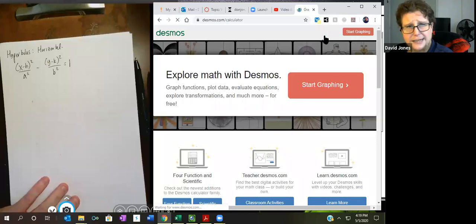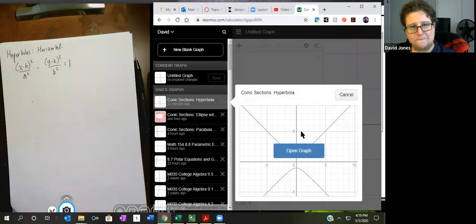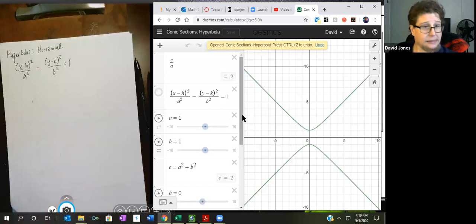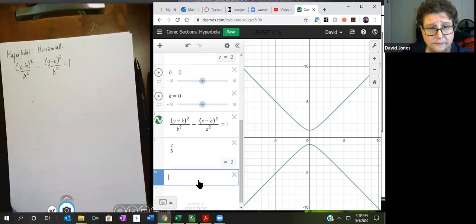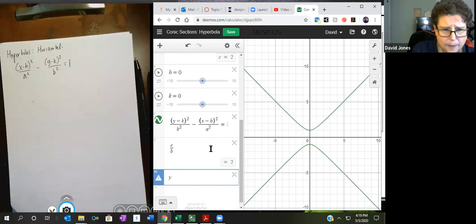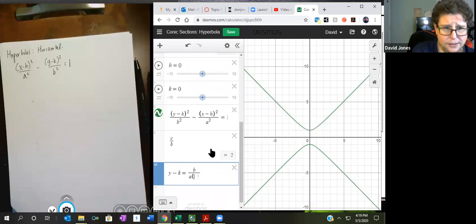And I have this in Desmos, but I have not set up the equations for the asymptotes yet. So maybe I could type those in. Okay, let's see. y minus k equals b divided by a times x, oops.